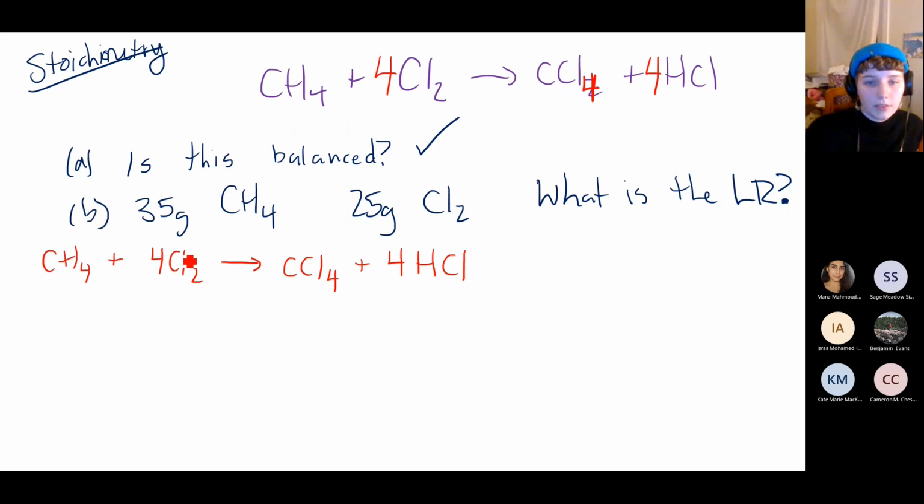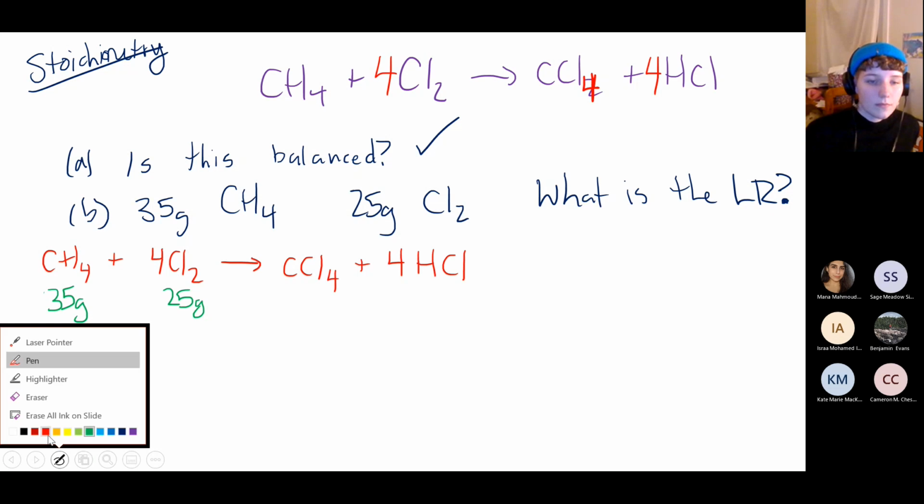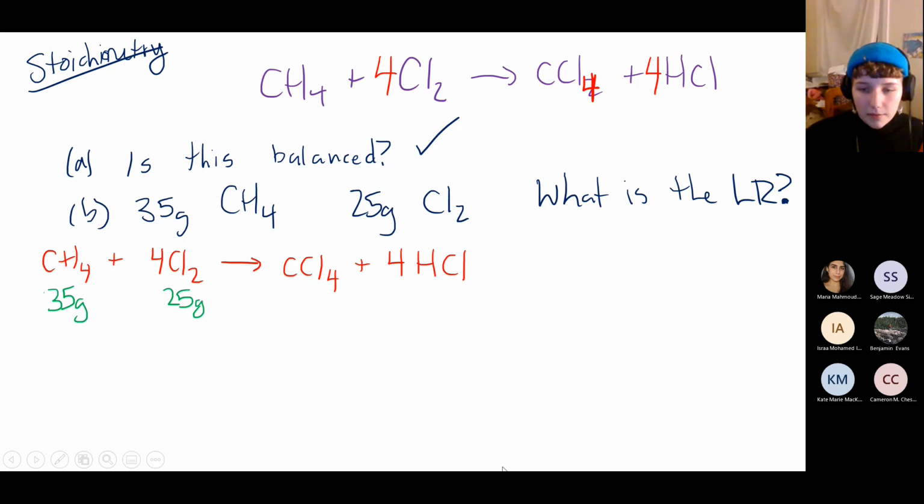4 and 4. I'm just making sure I didn't make any mistakes. Yeah, no, that's good. That's balanced. So I'll probably give you, it's kind of a long calculation, a couple of minutes.